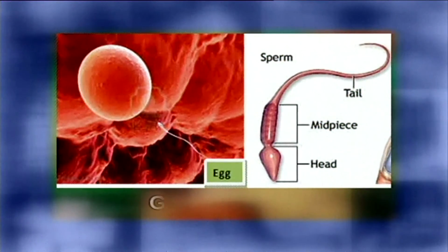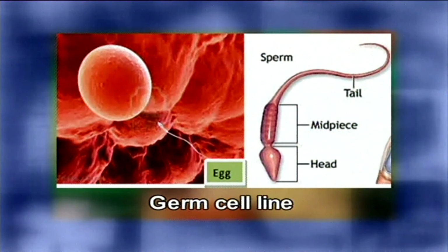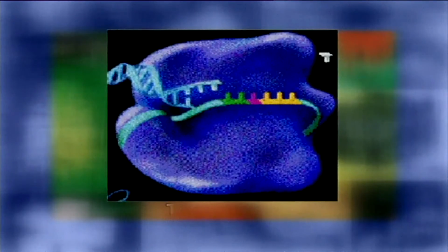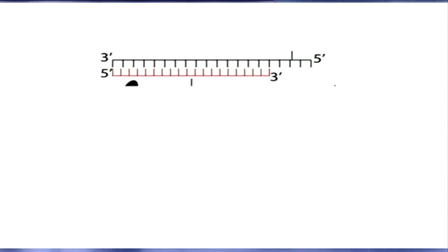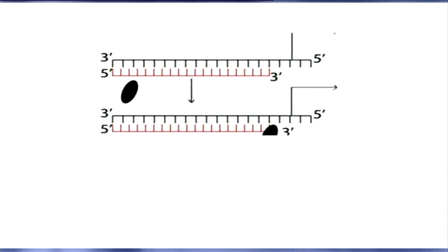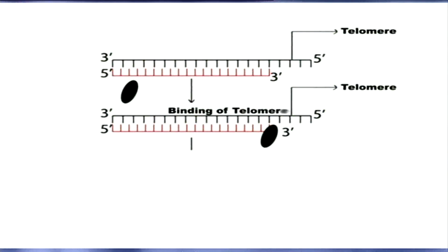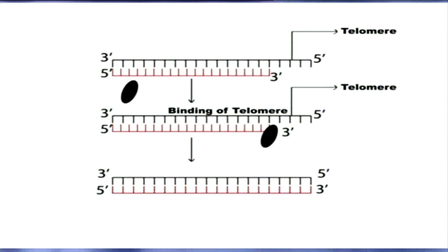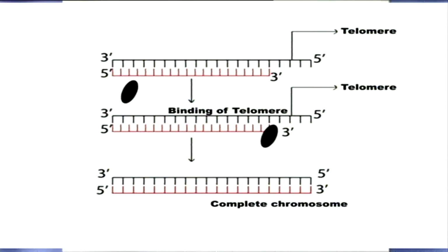But within the germ cell line, which transmits DNA to the next generation, an enzyme, namely telomerase, extends the repetitive sequence of the telomere region to prevent its degradation or shortening. Rarely, this enzyme, that is telomerase, may become active in somatic cells, leading to cancer formation.